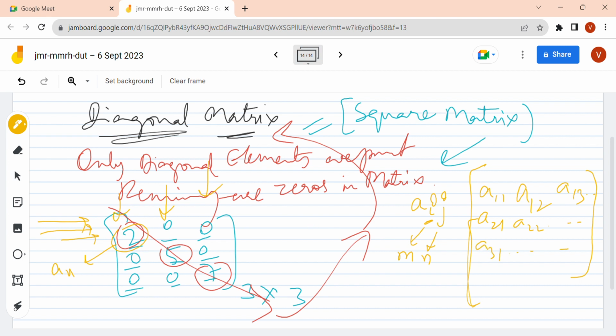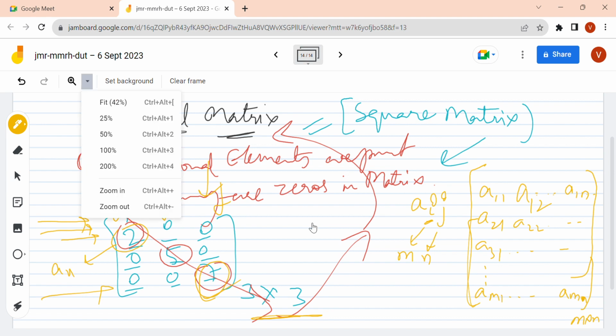Then A31, and so on, up to Am1, and going across to A1n. That is an m into n matrix, let's say. So you will have Amn, the last element. That means if it is a 3 by 3 matrix, A33, that is third row and third column, is your last element. I hope it's understood.